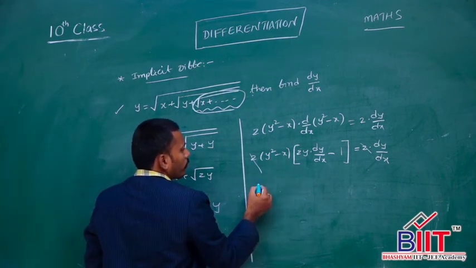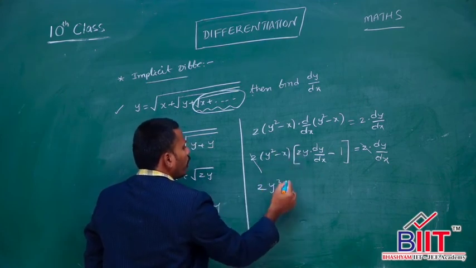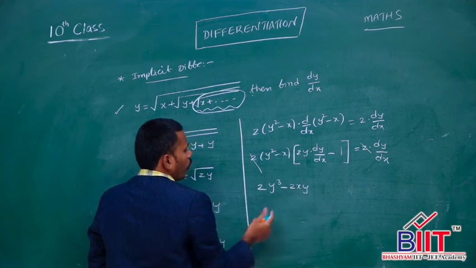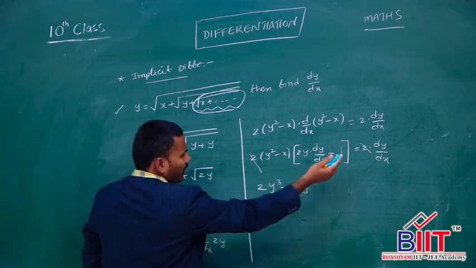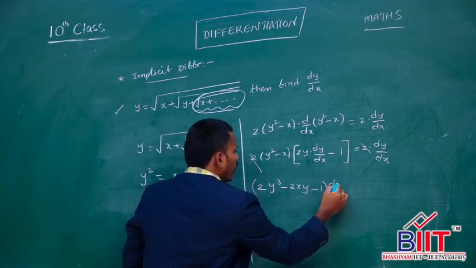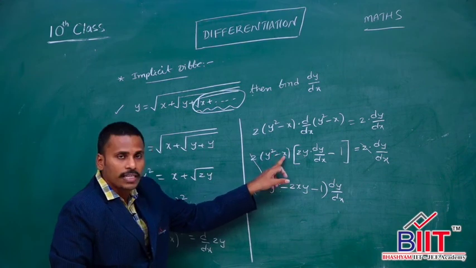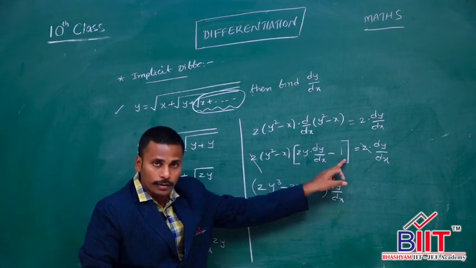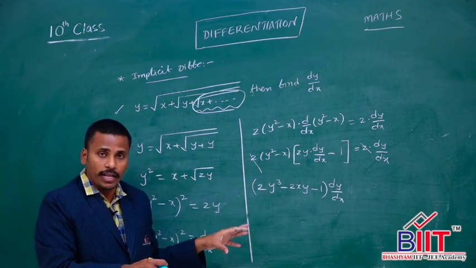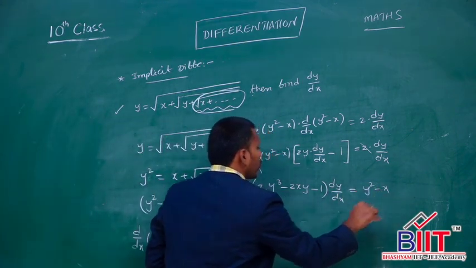Multiply these two: 2y into y² is 2y³, 2y into x minus 2xy dy/dx. Send the dy/dx to this side, it will become -1 into dy/dx, and this y² - x into -1, so minus of (y² - x). Send to the right side, it will become y² - x.